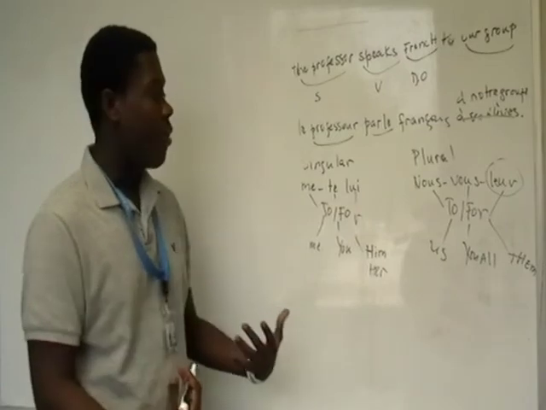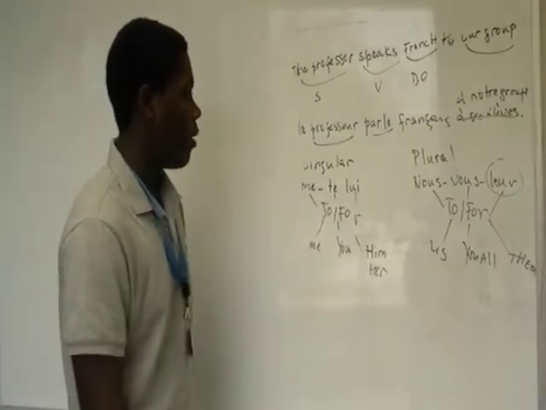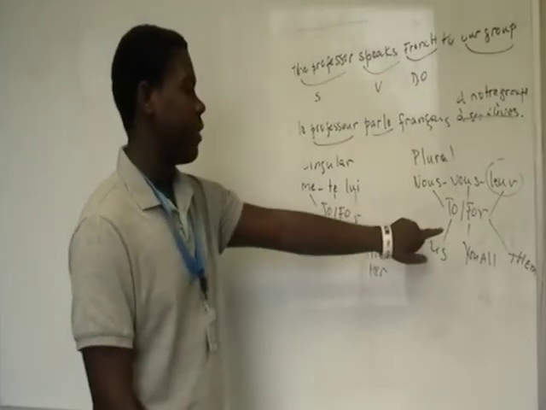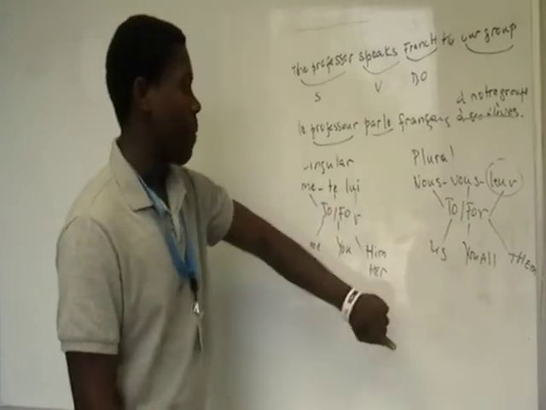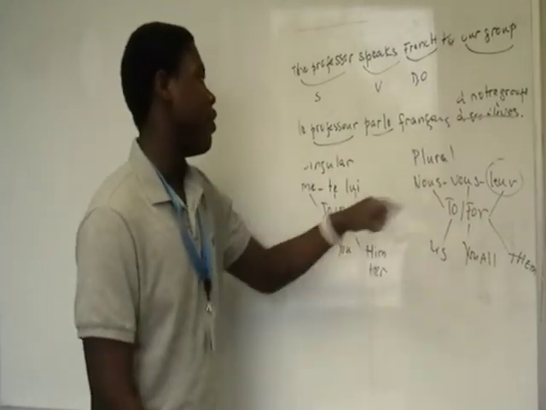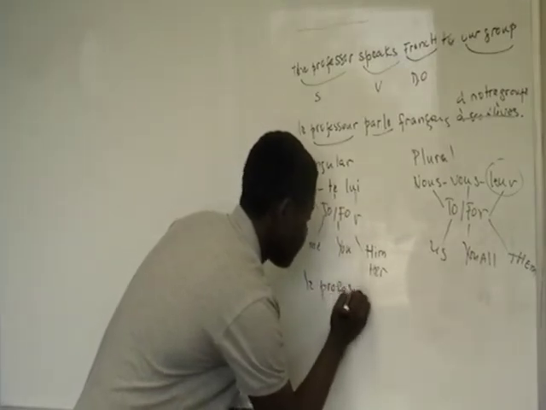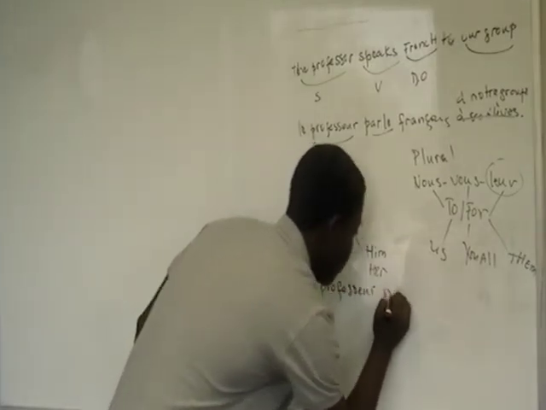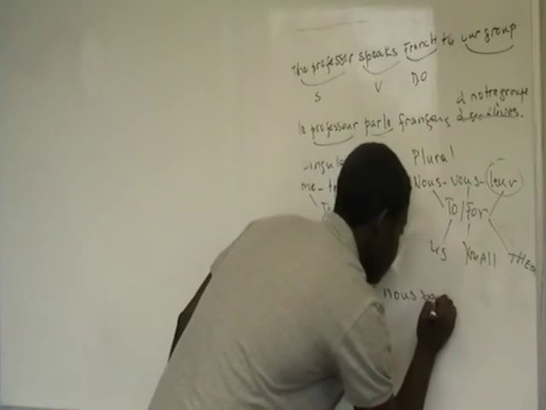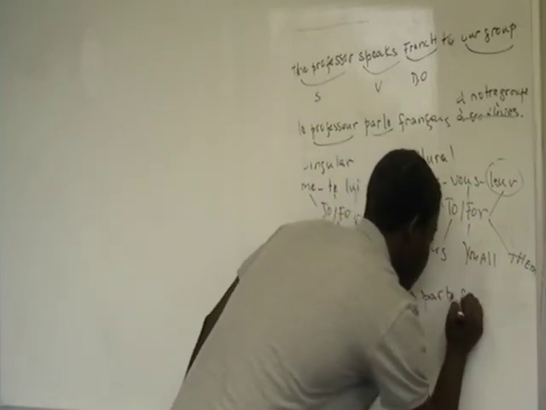So you are in the group of persons. So the action is being done to us, and we have to replace our group by nous. So the sentence will become le professeur nous parle français.